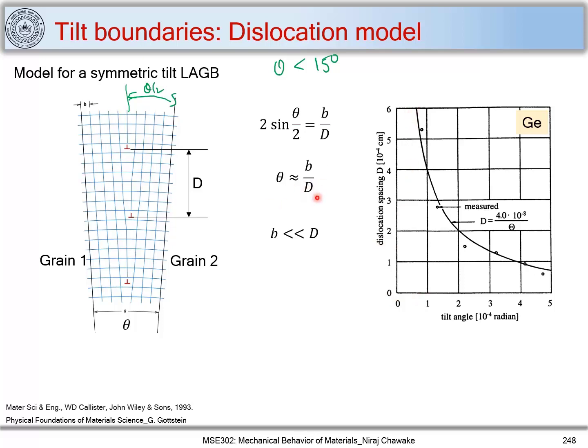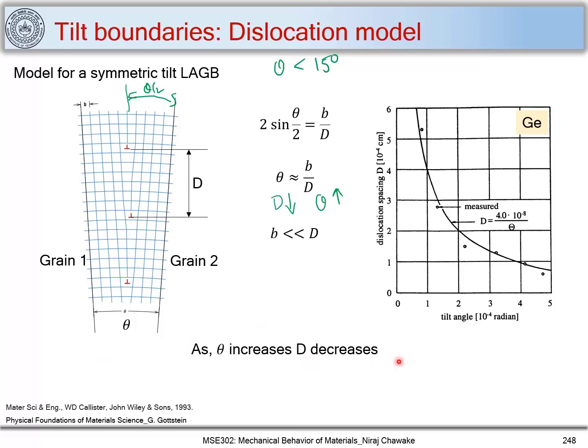So let me write it down here. If d decreases, theta increases, and thus if I go on reducing this d, the misorientation angle can increase, and that is what is written over here: as theta increases, d decreases.